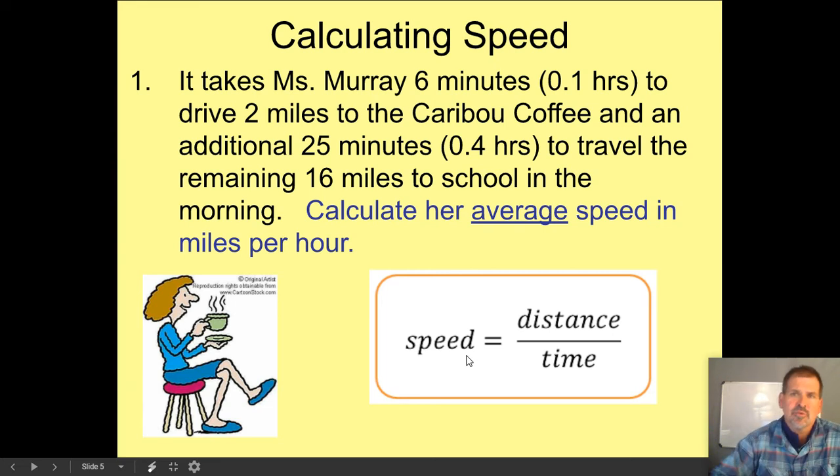All right, so it takes Miss Mary 6 minutes, that's 0.1 hours, to drive 2 miles to the Caribou Coffee, and then an additional 25 minutes, or 0.4 hours, to travel the remaining 16 miles to school. All right, so calculate her average speed in miles per hour. What is her average speed in miles per hour? So yes, you don't need to write down the problem, but write down this math.